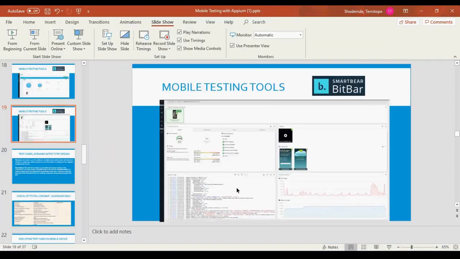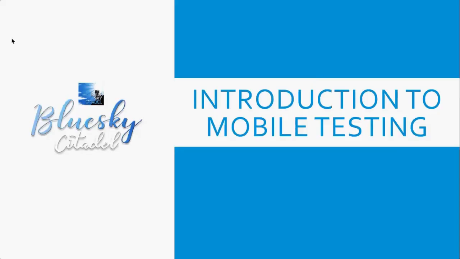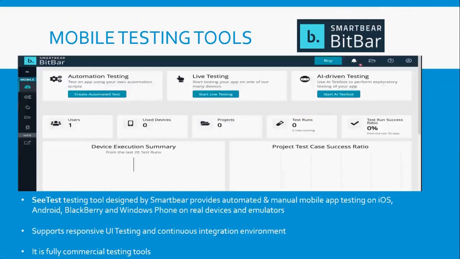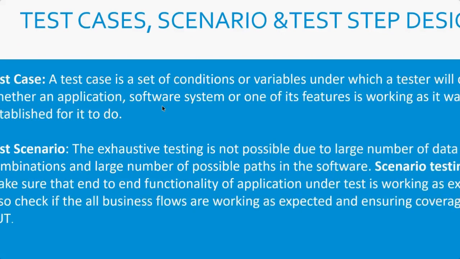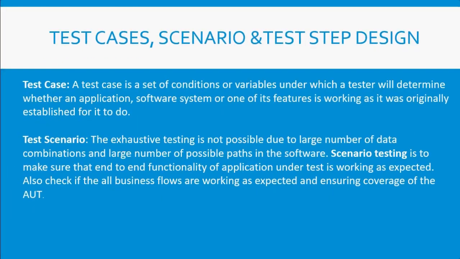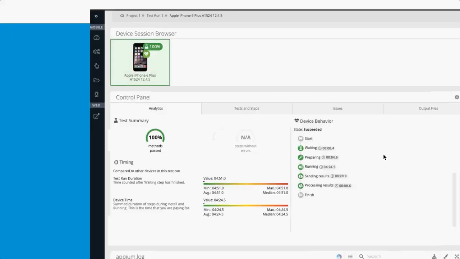But when it finishes, you would have a page like this come up. Let me just enlarge this. You can see the device and its status. You can see your test summary, methods 100% pass.